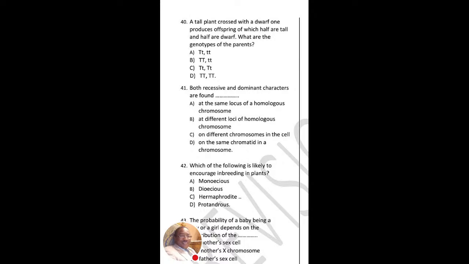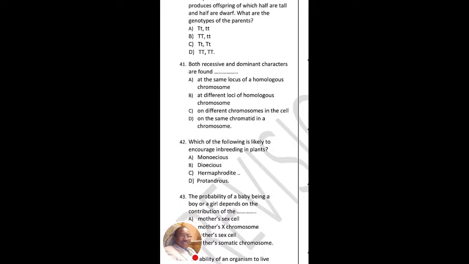Locus is the position of the gene on a chromosome. Since Mendel's experiments say that the characters are controlled by factors in pairs or genes in pairs, the correct option will be A because the genes are at the same locus on a homologous chromosome. That's why the correct option is A.